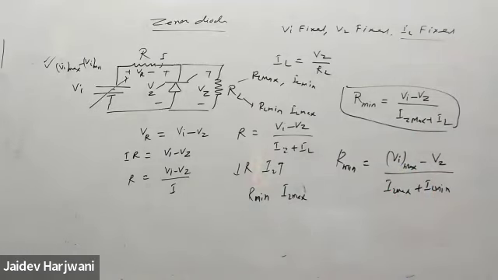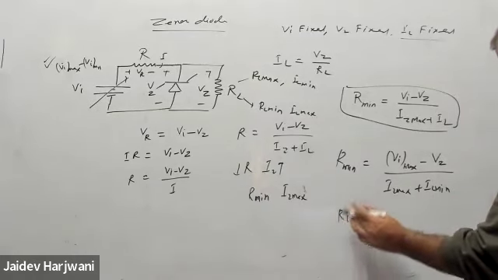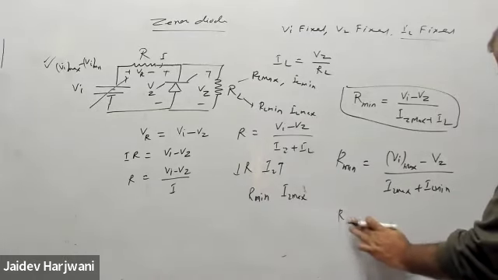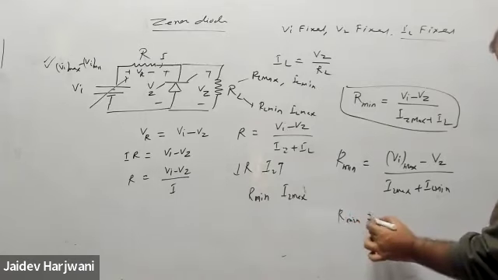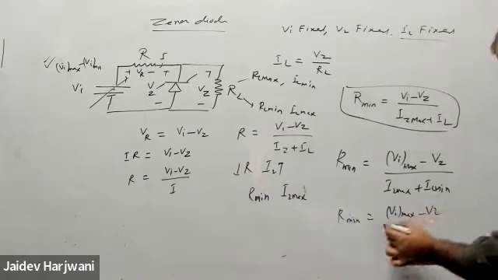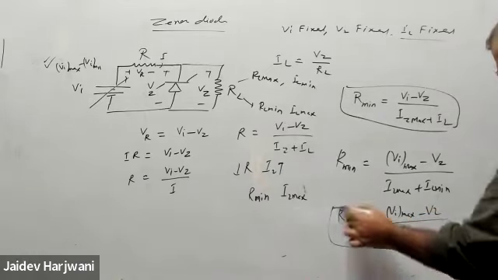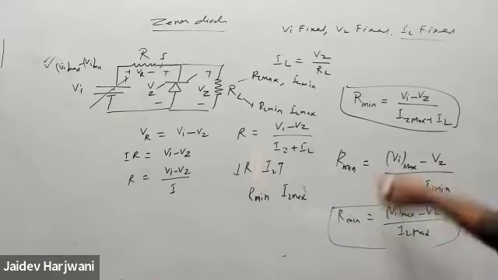Or if IL is not given, you can use this formula also: R minimum equal to (VI max minus VZ) divided by IZ max.